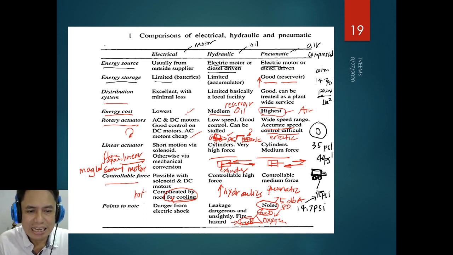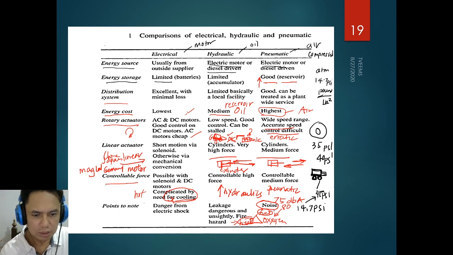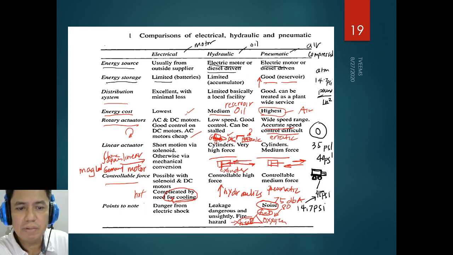Above 80, like 90 or 100 or more, our ears, or parts of the ear like the eardrum, will be damaged. So pneumatic has a very annoying noise. And if you are hearing that noise for 24 hours or for a longer time, it will be very irritating, and it will damage your ears in the long run.